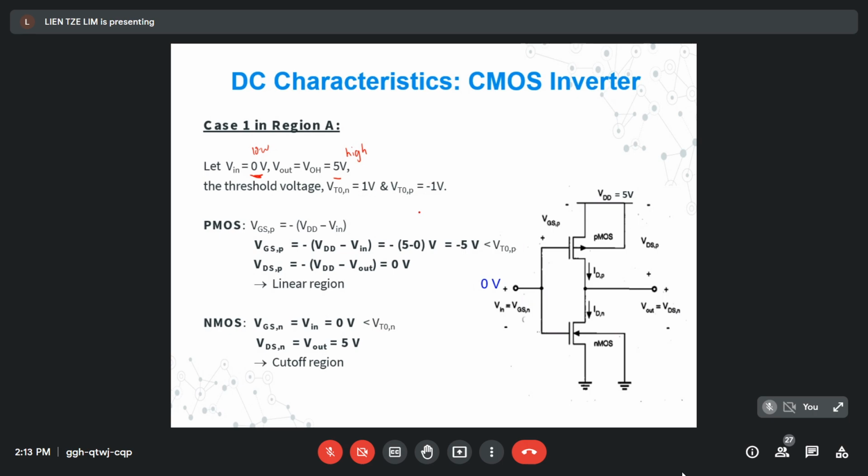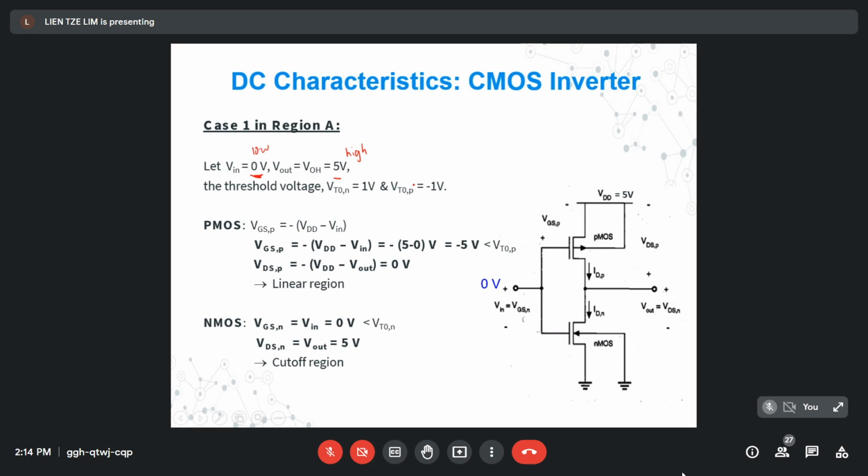You must remember that for threshold voltage, both PMOS and NMOS will be almost the same, except that for the PMOS, usually the voltage is negative. If there is a negative sign, it means that the threshold voltage of the PMOS will be smaller than the NMOS.